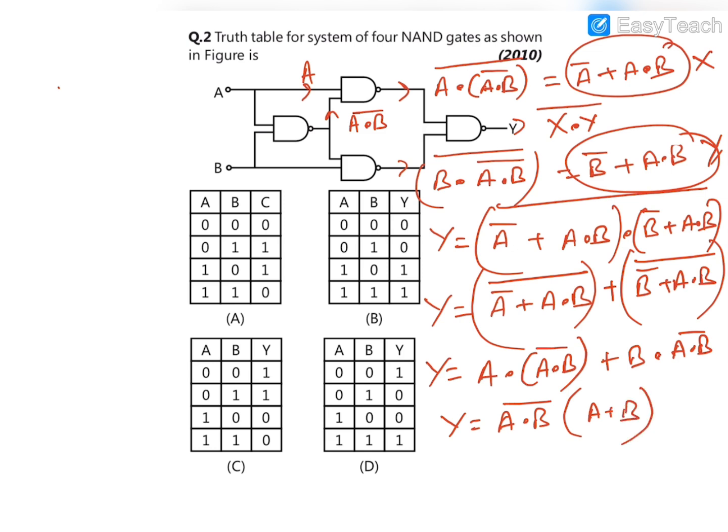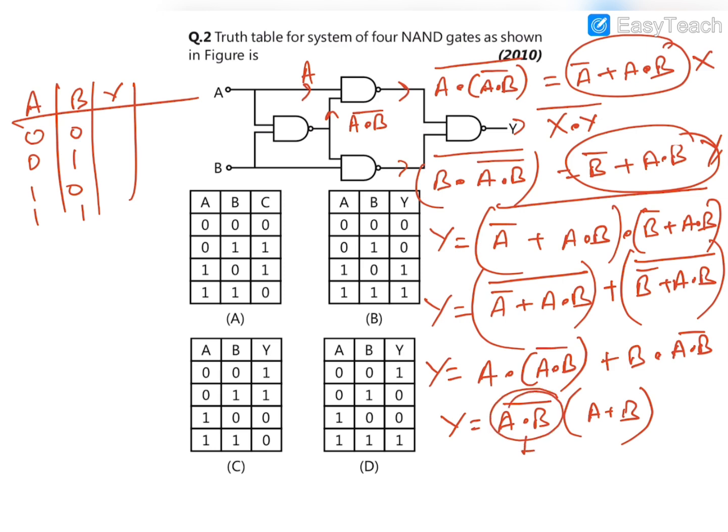Now let us draw the truth table. So this is A, B and Y: 0 0, 0 1, 1 0, 1 1. So when A and B are 0, A dot B is 0 dot 0 is 0 and its bar will be 1, and A plus B, this is dot, so A plus B is 0 plus 0 is 0, and 1 dot 0 is 0, so it would be 0.